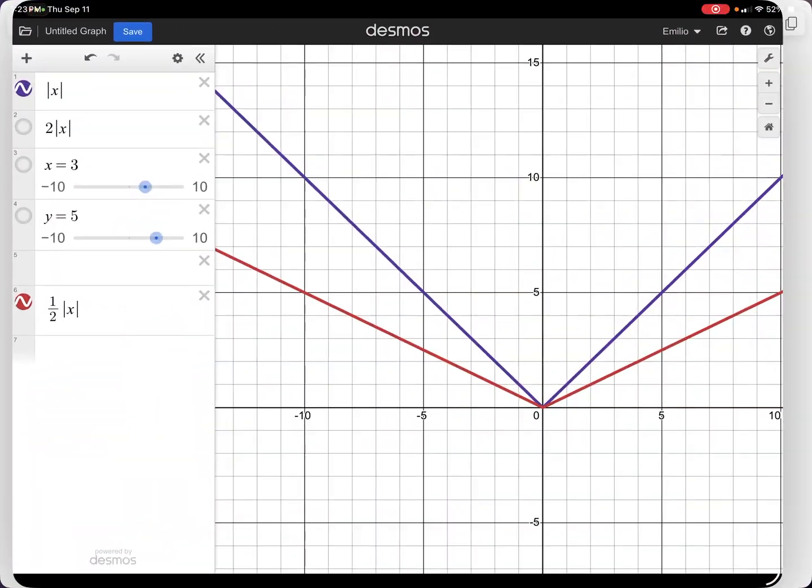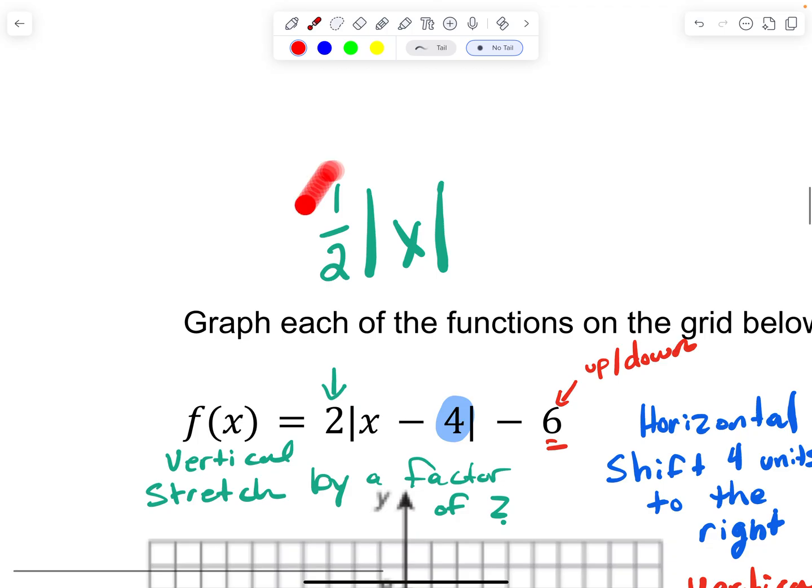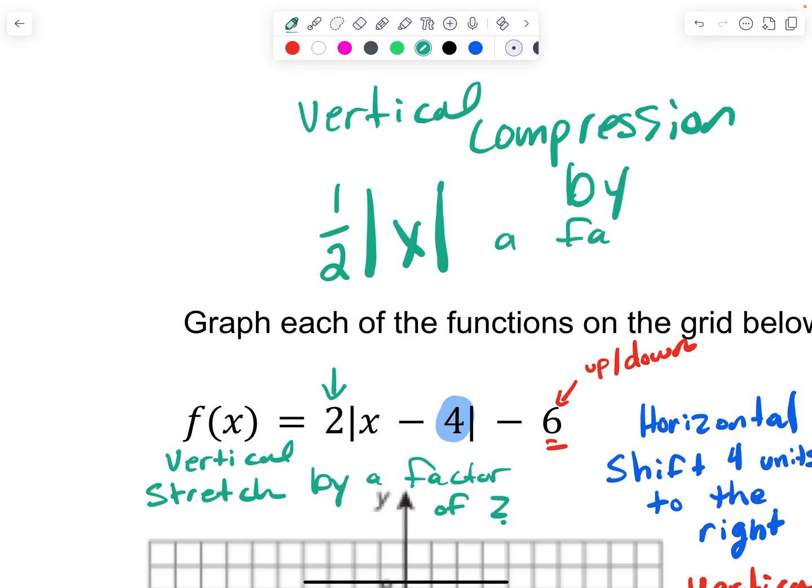So when it's a fraction, just remember that this would be a vertical compression by a factor of 1/2.